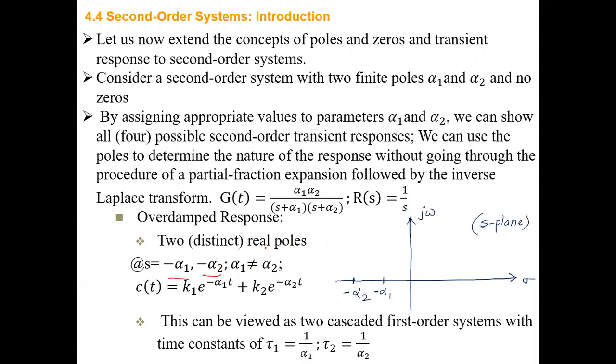In that case, the solution is very easy to figure out: K1 times e to the negative alpha 1 t, plus K2 times e to the negative alpha 2 t. Make sure they are not equal, because if they are equal, then you cannot do this.